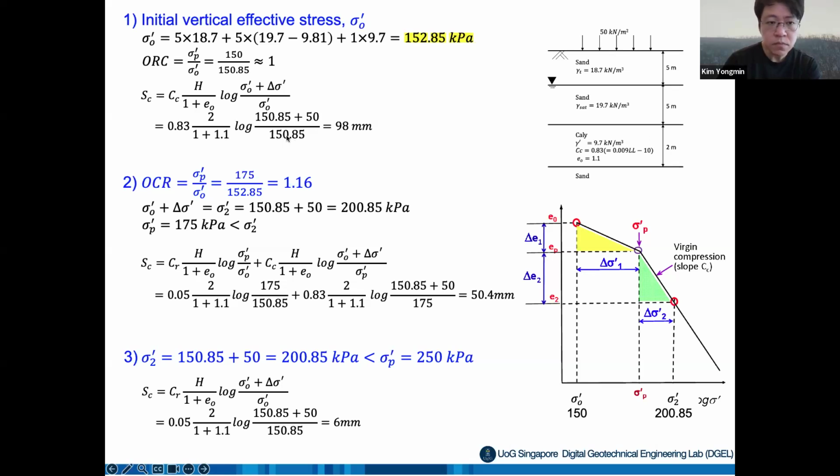Your current initial effective stress is 100, actually 150.85. I missed the 2. It's okay. And then what is your final one? Here, 150.85 plus an additional 50 kilopascal.